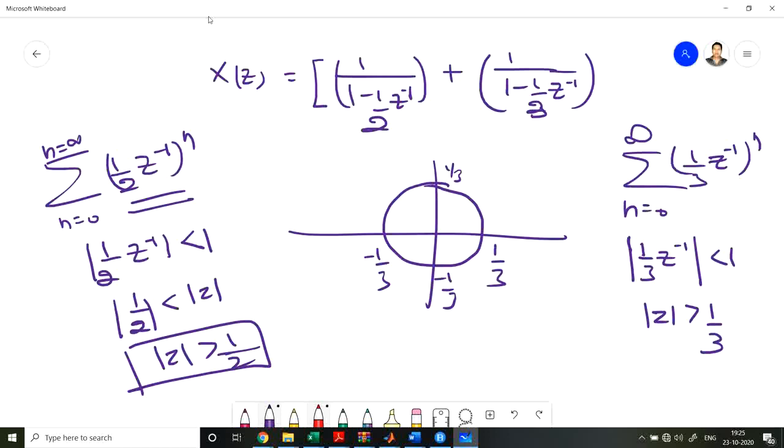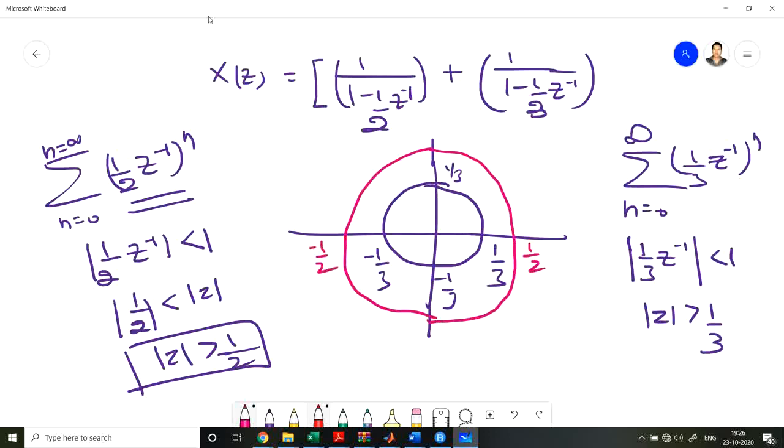Second is |z| greater than 1/2, which is 0.5, greater than 1/3, so it is 1/2 and minus 1/2. So now we can say that the ROC is |z| greater than 1/3 and also |z| greater than 1/2.